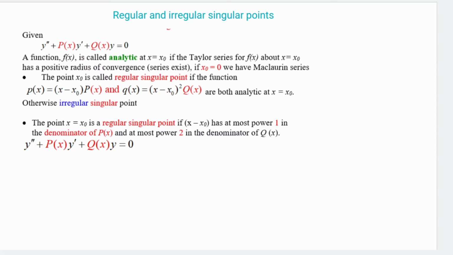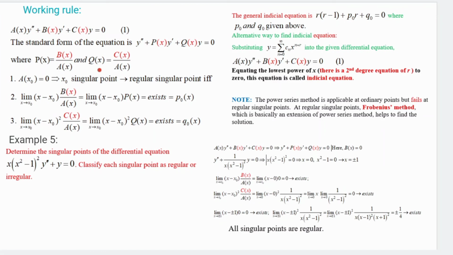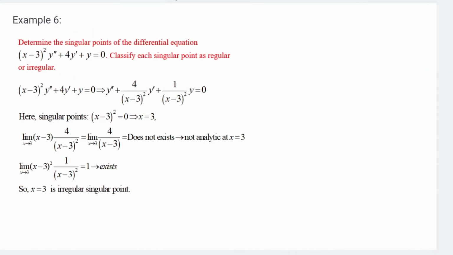So let us consider an example. Determine the singular points of these differential equations. Here I consider x minus 3 whole squared y double prime plus 4y prime plus y equal to 0. This is a second order linear differential equation.